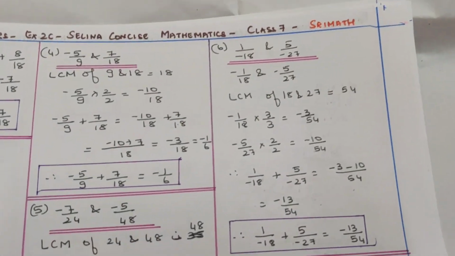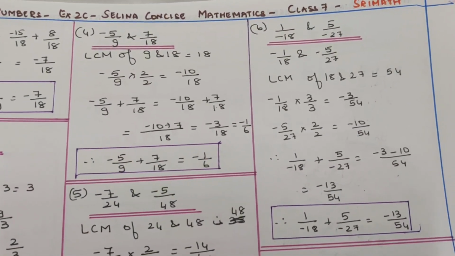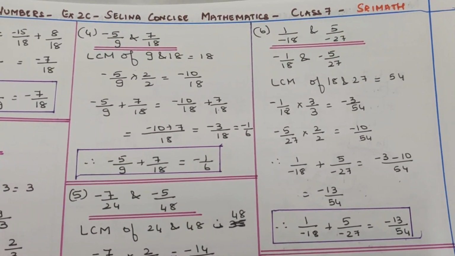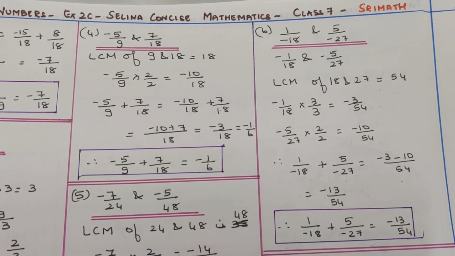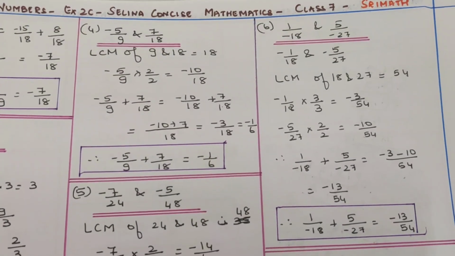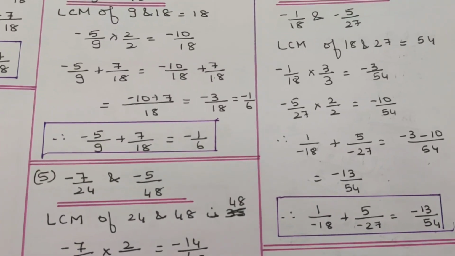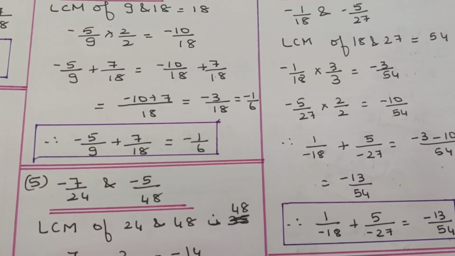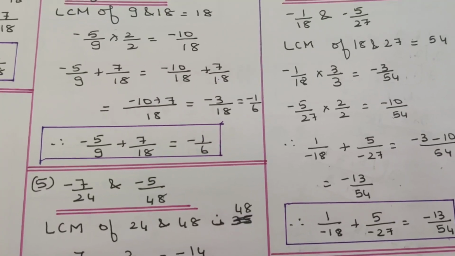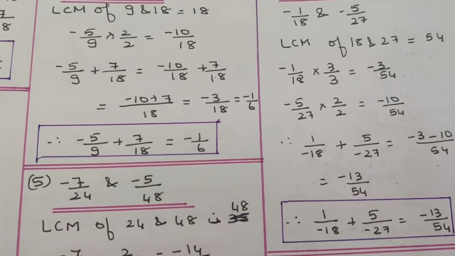Very simple, the same kind. 1 by minus 18 and 5 by minus 27. The LCM is 54 for 18 and 27. So let's convert the numbers to common denominators. When you do the conversion, you get minus 3 by 54 and minus 10 by 54.